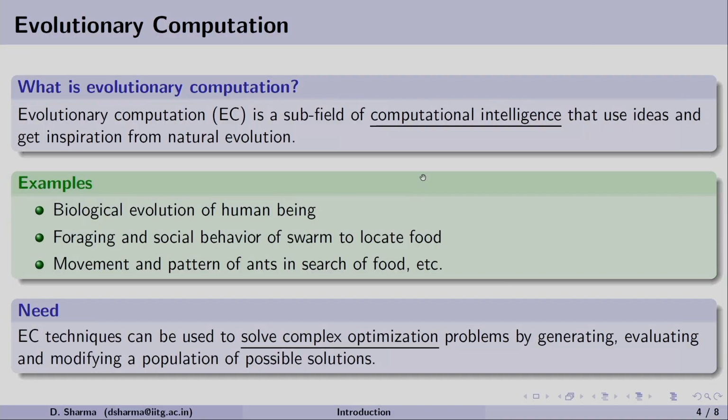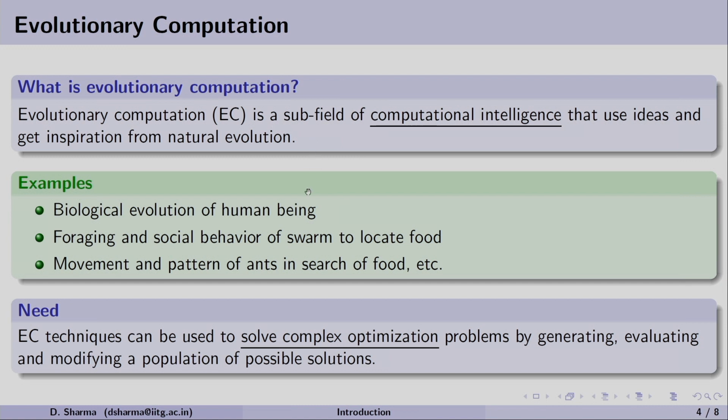Before we proceed further, let us find out what is evolutionary computation. Evolutionary computation is a subfield of computational intelligence that uses ideas and gets inspired from natural evolution.